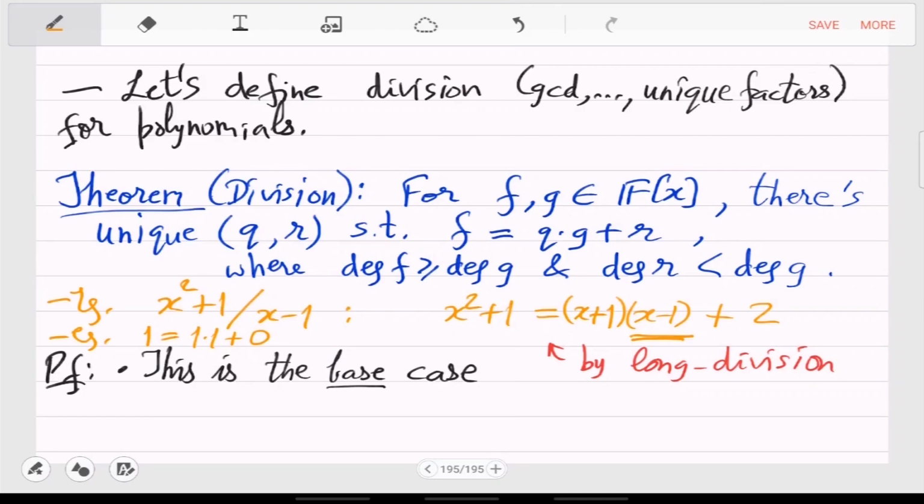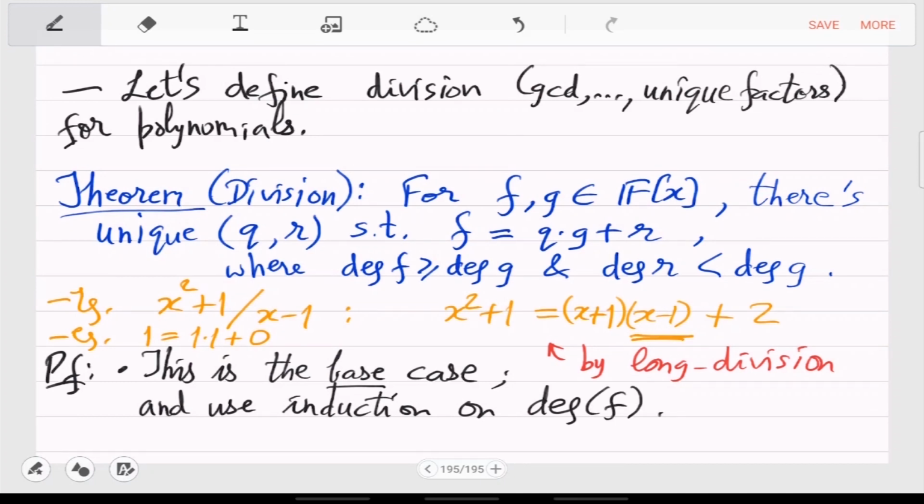It will be even smaller, much smaller than 0. So those are the base cases. These you can clearly take care of. And use induction on the degree of f. Okay, so we'll reduce the degree of f in each step. So what is the induction step? Let's see that.